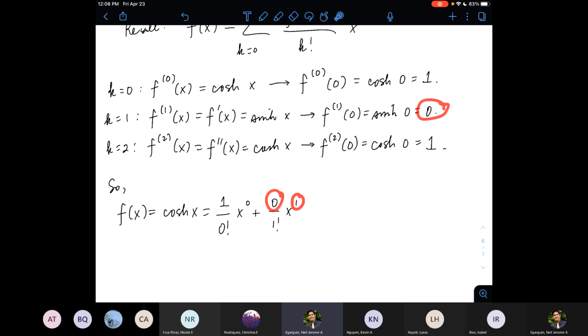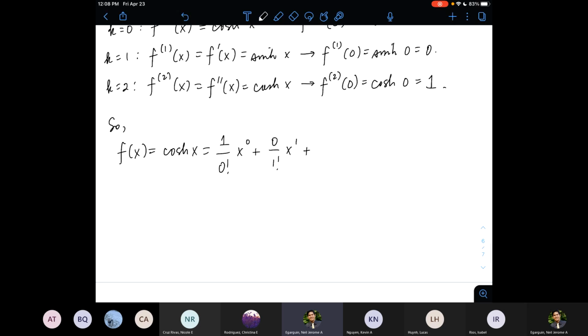And again, our marker is the exponent. If the exponent is even, we get a 1. When the exponent is odd, we get a 0. So this would be plus 1 over 2 factorial x squared plus 0 over 3 factorial x cubed plus 1 over 4 factorial x to the 4, and so on.